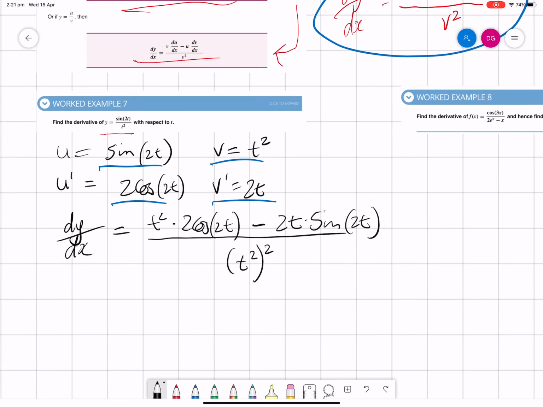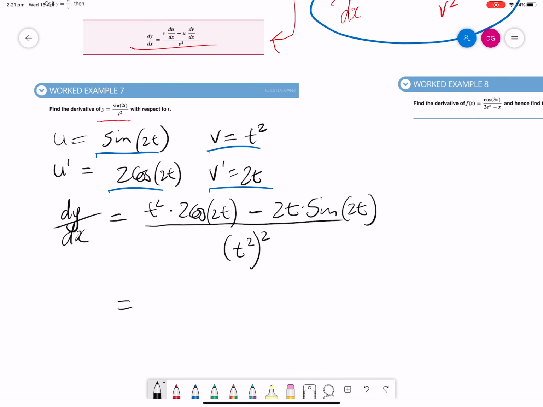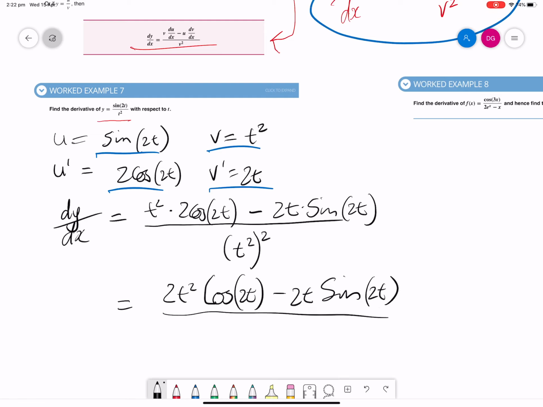Now we can simplify that a little bit. It's not much we can do here, but we can call this 2t squared cos 2t minus 2t sine 2t, divided by t to the power of 4.